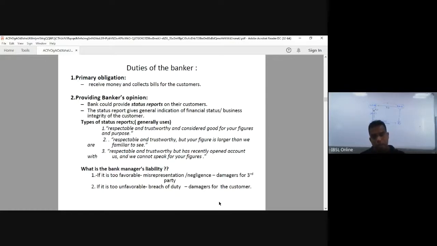So if it is a second or third type of opinion, based on that, the third party, Mr. A, will decide whether he is going to invest money or not. So therefore, you can see by looking at these 3 types of opinions, any of these opinions does not carry a figure, right?